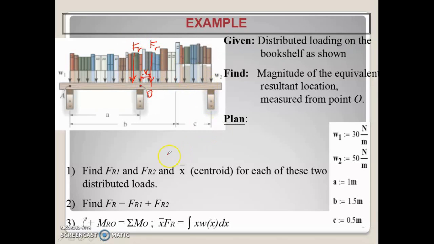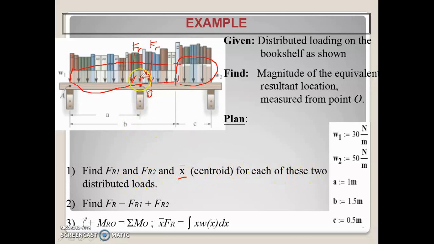So the first step to do this question is you need to find the force resultants FR1 and FR2, the force resultant for this distributed load and this distributed load. So there are two distributed load systems here, and find the X bar, the centroid, for each of these two distributed loads.